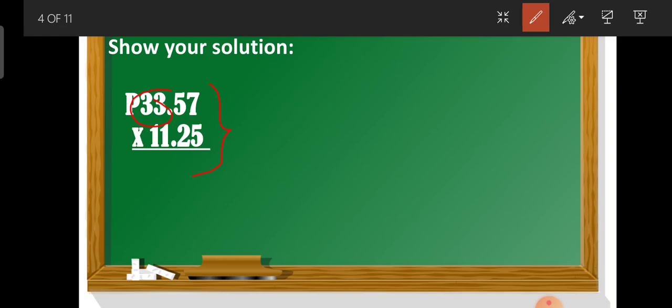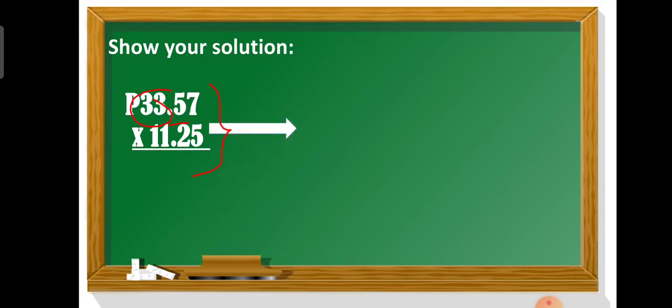And if the number to the right is 0, 1, 2, 3, 4, we just copy the whole number. So since to the right of 33 is 5, we need to add 1 to 33, and 33 will become 34.